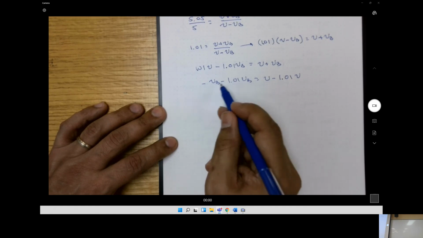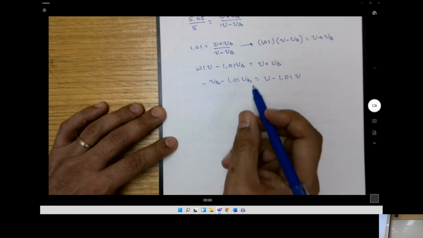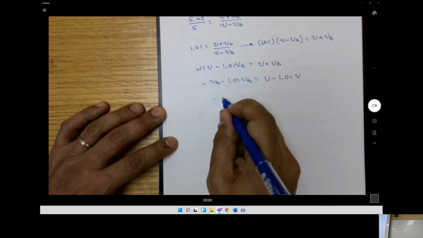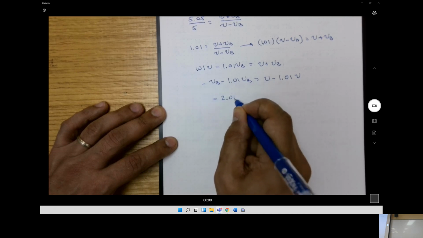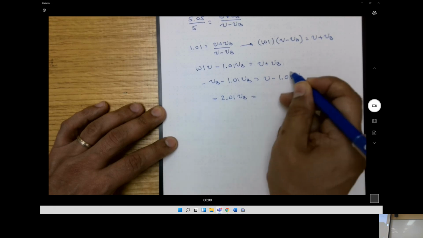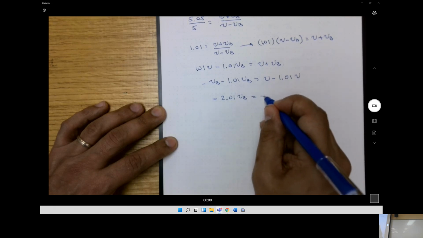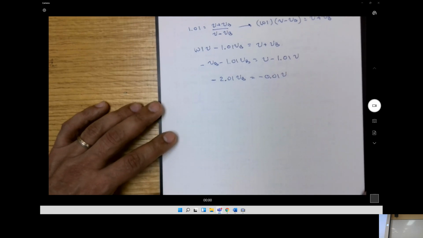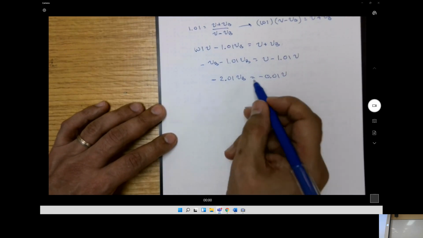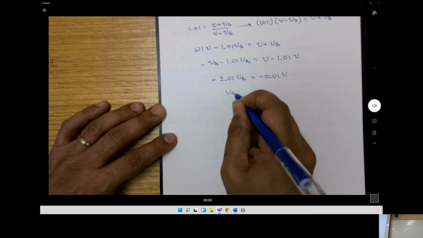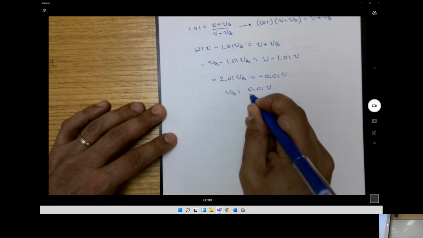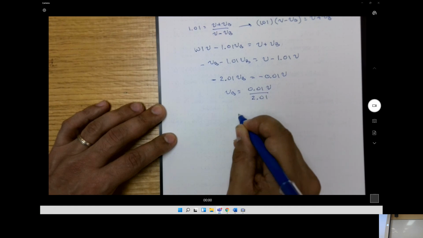So now here I can factor out the velocity of the cell. So I'm going to add them together. This will be 2.01 BV, and here I'm going to have negative 0.01 B. And from there I can solve for the velocity of the cell. That will be 0.01 v over 2.01.